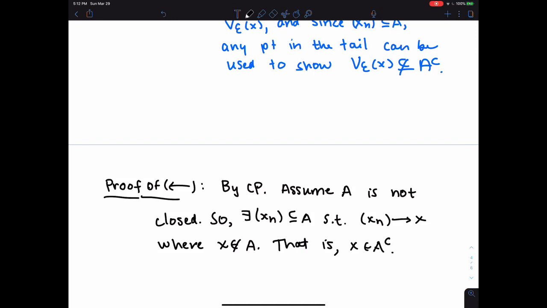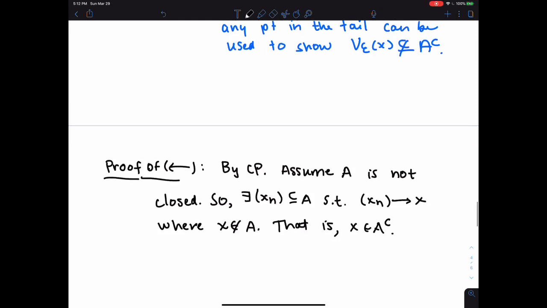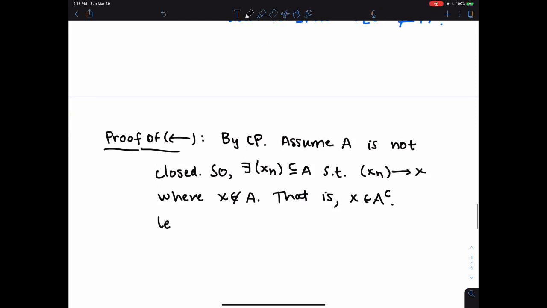Now I'm going to argue that for all epsilon, V epsilon is not a subset of A complement. That means I need to introduce an arbitrary epsilon. So I'm going to let epsilon be greater than 0.